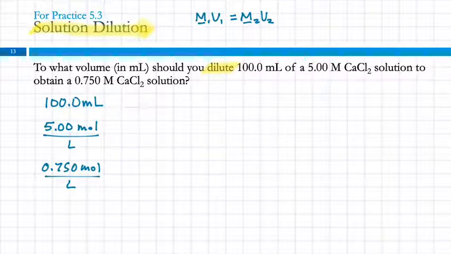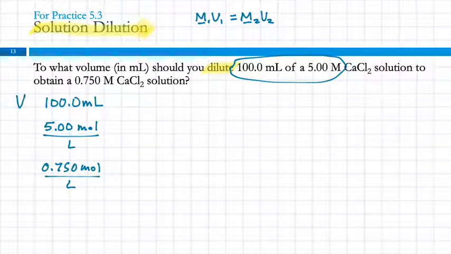So I need to identify what these pieces are. I've got two solutions. It doesn't matter which one I call 1 and which one I call 2, as long as I pair the volumes and the concentrations up correctly. You see that these two go together? 100 milliliters of 5 molar. Those are paired. That's what I came to first. I'm going to call those 1.